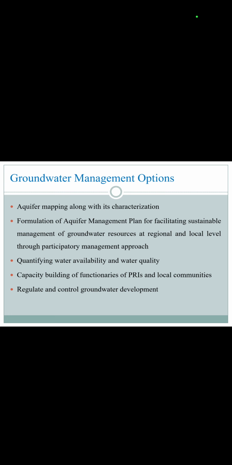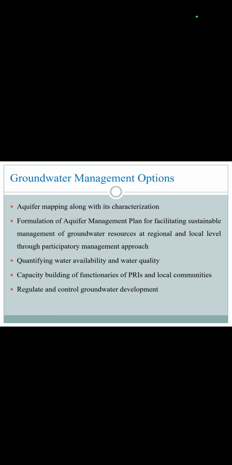Then how do you move ahead in managing this groundwater resource? Because this is a resource which we cannot do without. We have to develop our groundwater resource, but how do we manage it? Here are a few options. Aquifer mapping along with its characterization.